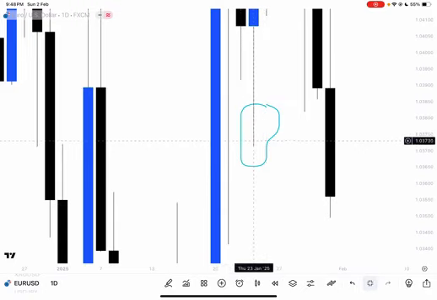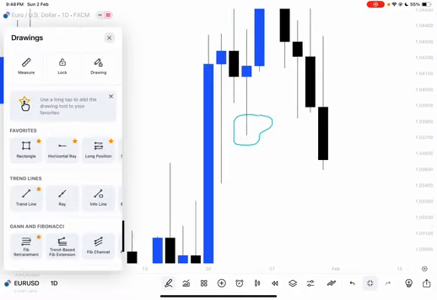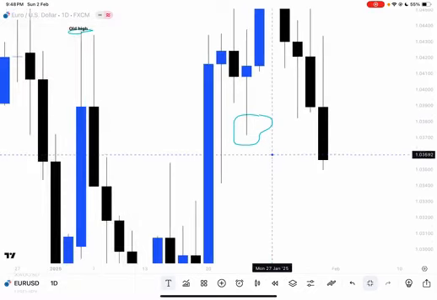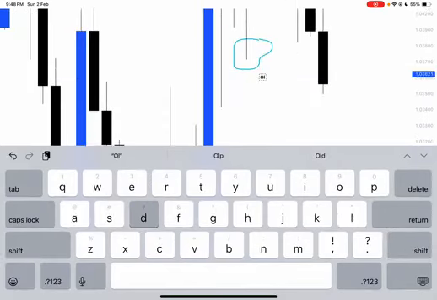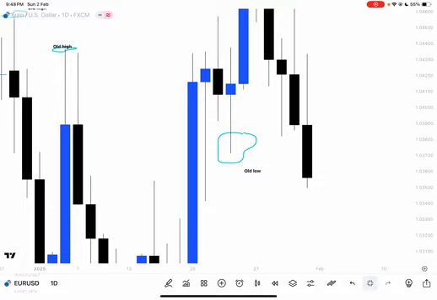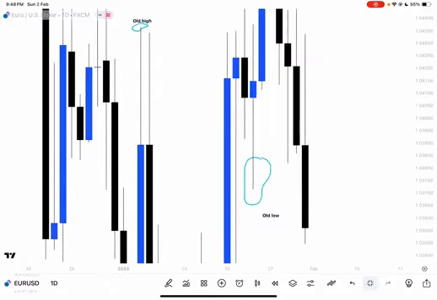Both right side and left side candles have not crossed below. Both the sides are free and the tip is standing alone. So we can consider this as our OLP, which means our old low. Okay, old low. Can you get it?